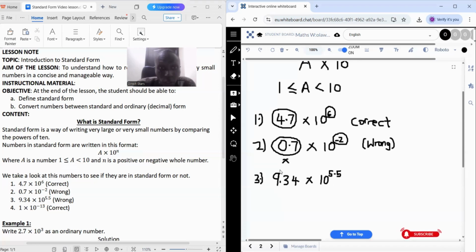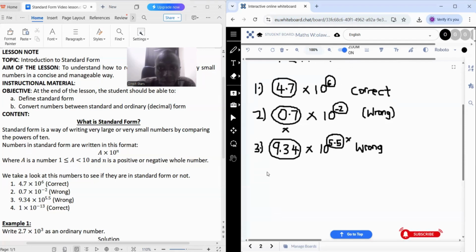Now, if you look at the front number, which is a, it is correct because it is less than 10. But let's look at the value of n. The n that we have here is not a whole number, so this is wrong. So this is not the right way of writing a standard form.